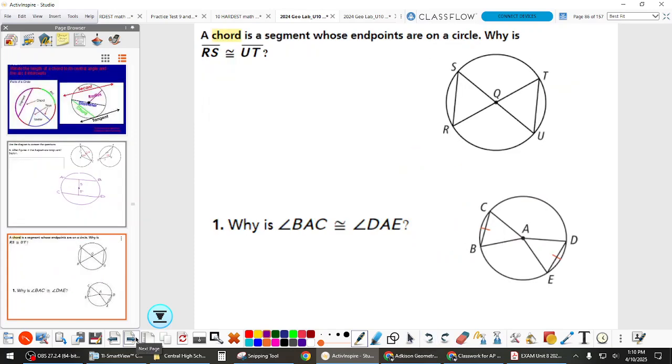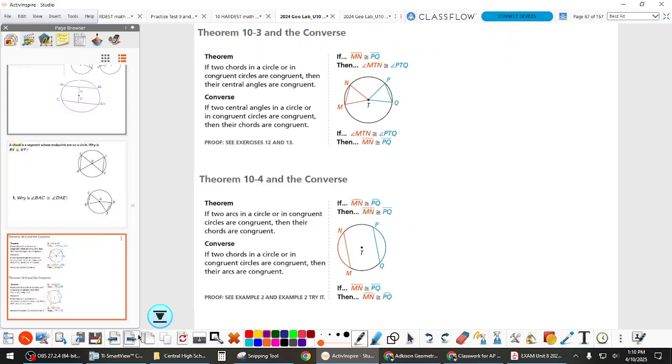And let me show you some better pictures. Okay, first one, and there's tons of words on here, so we're going to shorten them down. I don't want you to worry about all that. But basically, if two chords are congruent, their central angles are. We saw that one. If two arcs in a circle are congruent, their chords are. So remember, an arc is this piece and that piece.